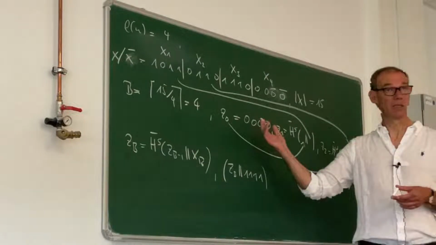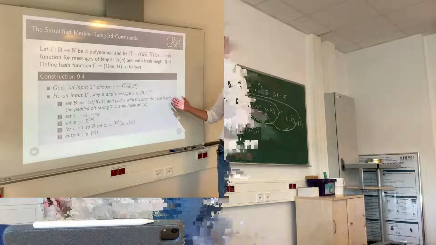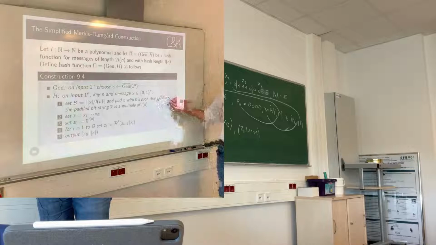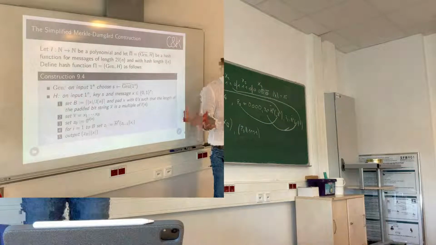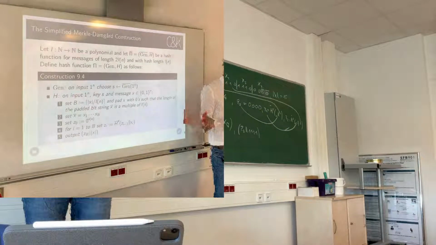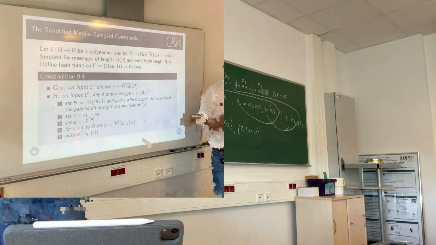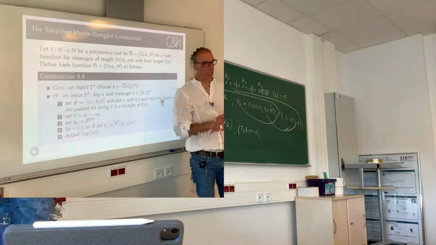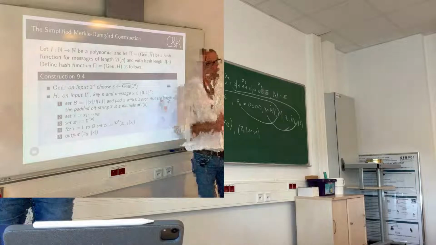Okay, it's clear. So then the idea may be, well, why don't I just use a more complicated padding scheme? Well, any padding scheme that you use basically has this problem. In all these schemes, if you pad, you have to include some information that tells you how much you padded.